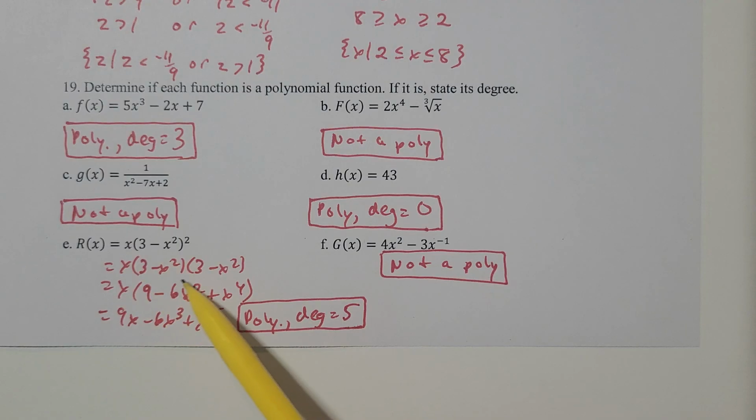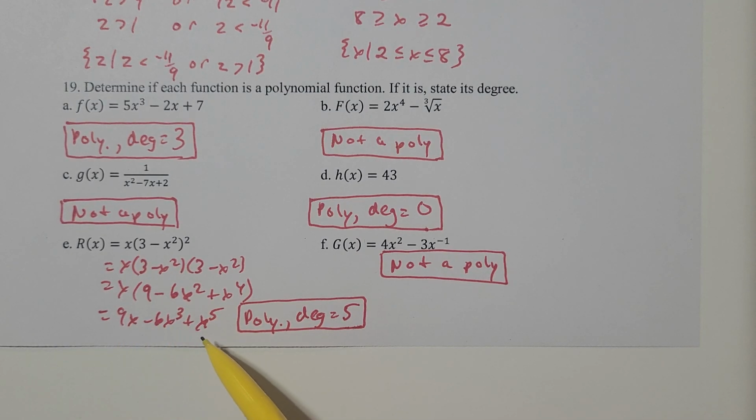When I FOIL that, 3 times 3 is 9. Negative 3x squared minus 3x squared, that's minus 6x squared in the middle. And then negative x squared times negative x squared, that'd be x to the fourth at the end. And then if I distribute x into these three terms, I'd have 9x minus 6x cubed plus x to the fifth. Okay, and that would be in polynomial form there.